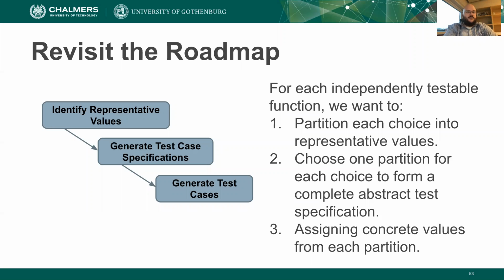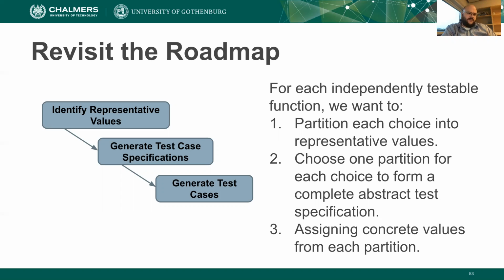To create a test for a system, we don't just feed one item at a time, we feed in the full set of input. So what we do now is combine the representative value choices we can make for the different variables together and form what we call a test specification. A test specification is an abstract recipe for a test case.